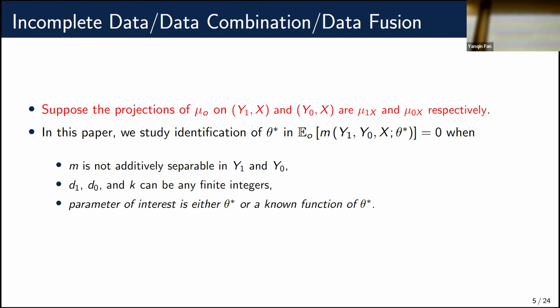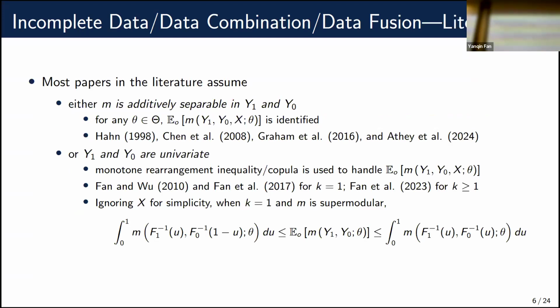Now, what has been done? Some special cases have been studied in the literature. The first case is if your moment function is additively separable in y1, y0. Then under standard conditions, this is identified even from two separate data sets.